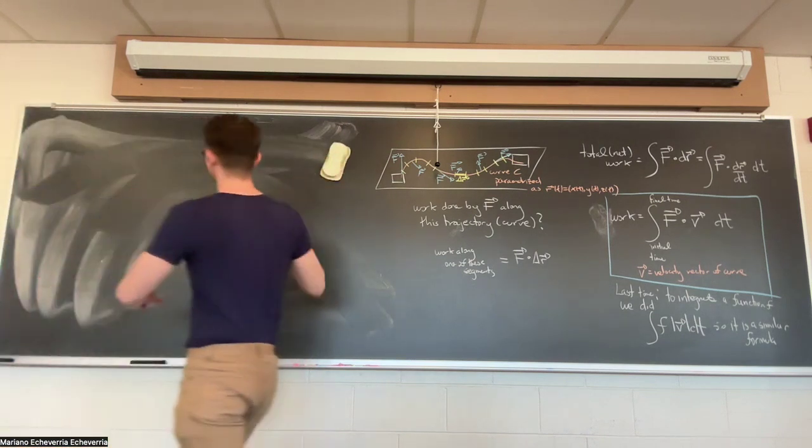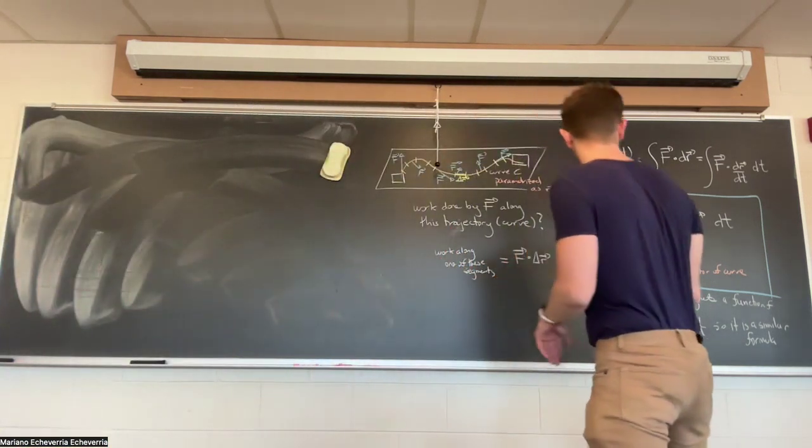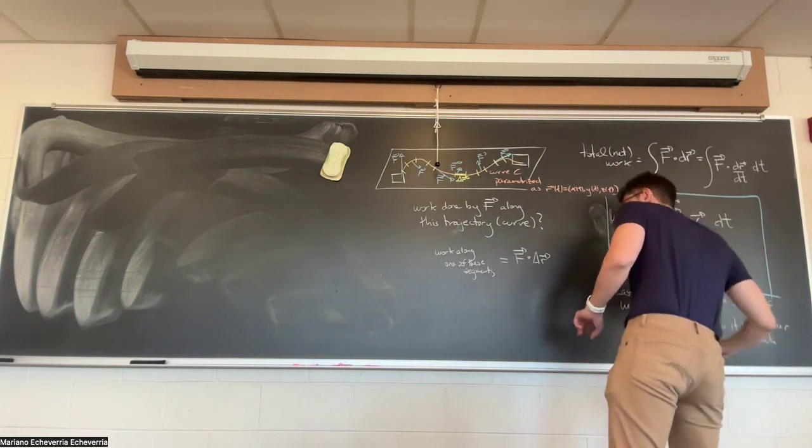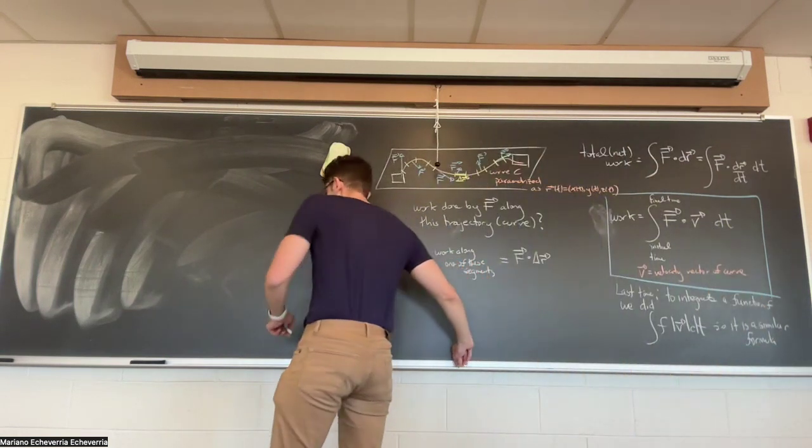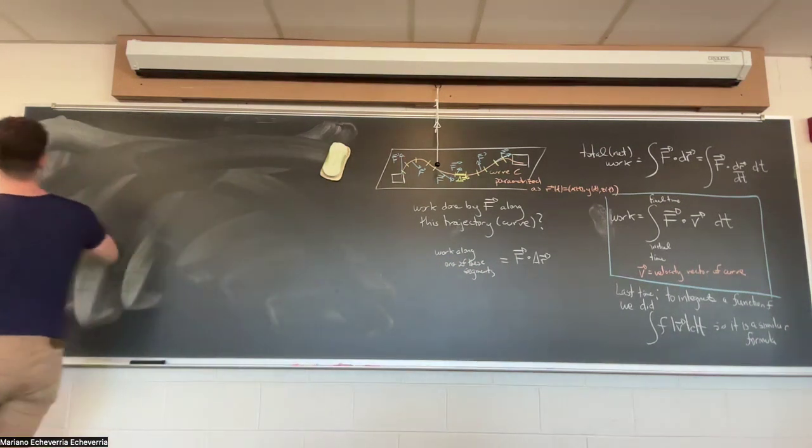So let me just summarize what we have been saying. Here are the steps: how to integrate a vector along a curve?